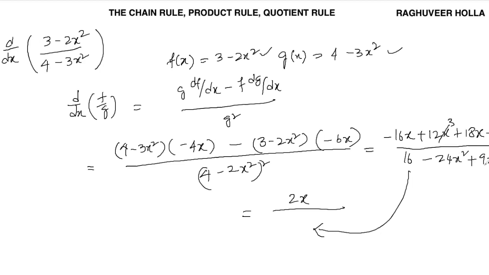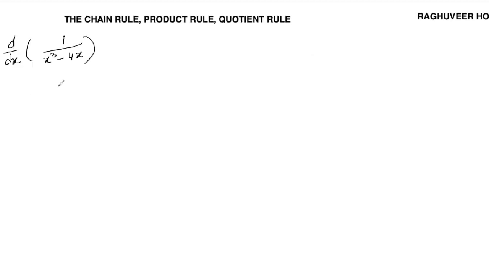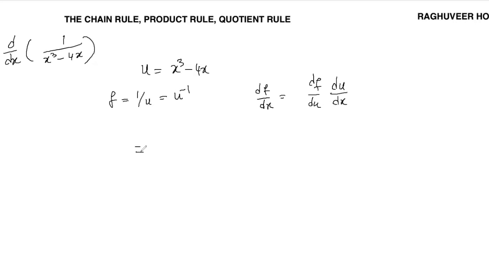Okay, so we'll solve another problem. Again, we'll apply the chain rule here. Let us consider u as x cubed minus 4x. So f of u is 1 by u, or u to the power of minus 1. So df by dx is df by du times du by dx. Let us find that.